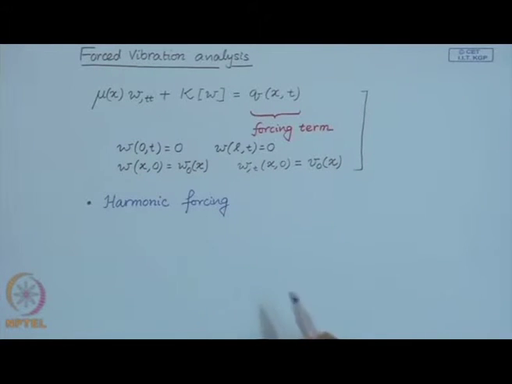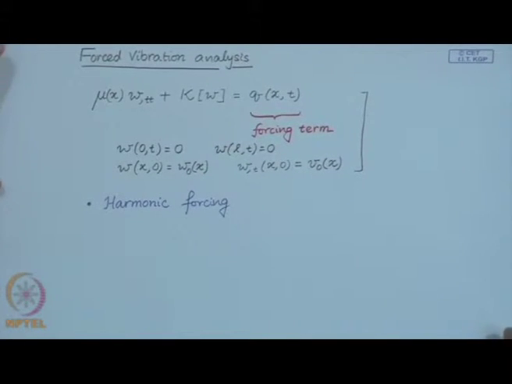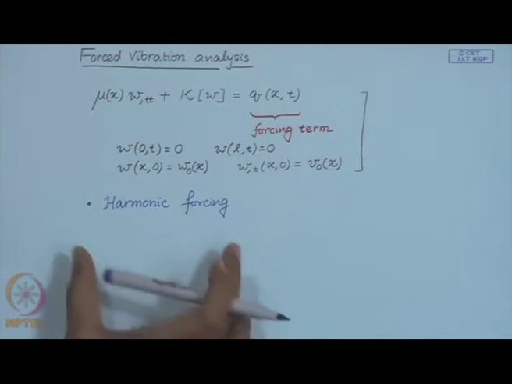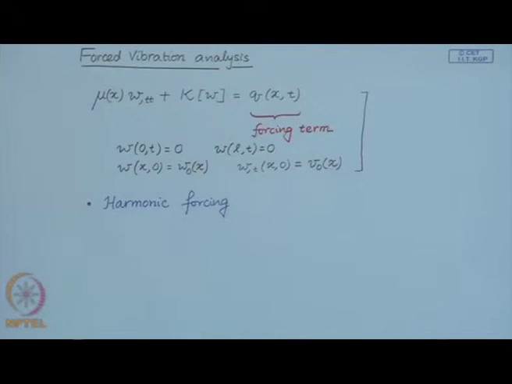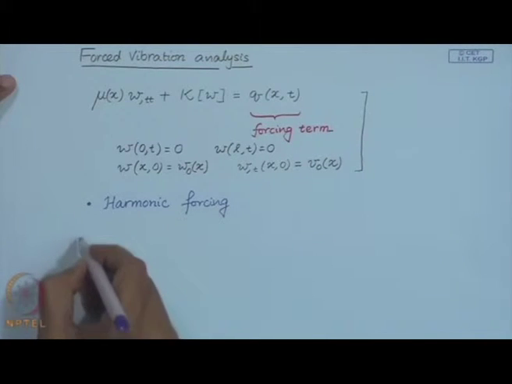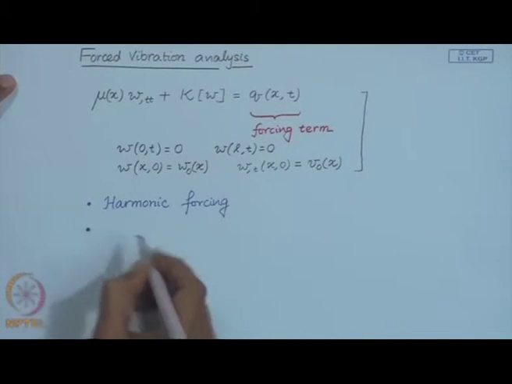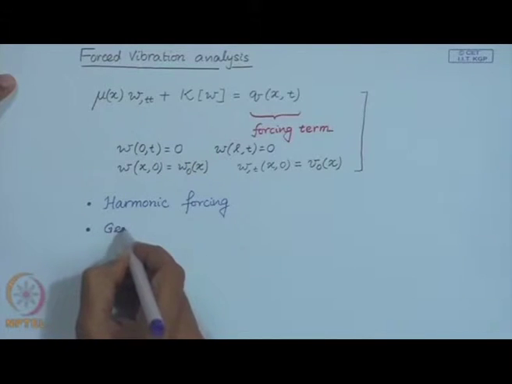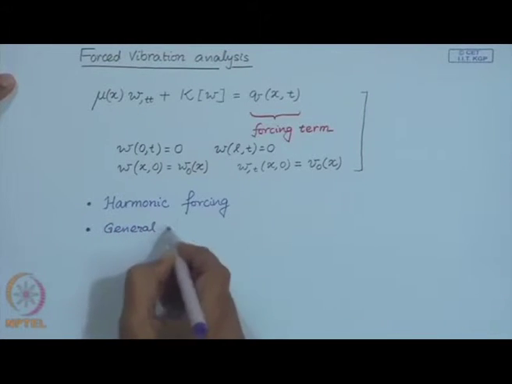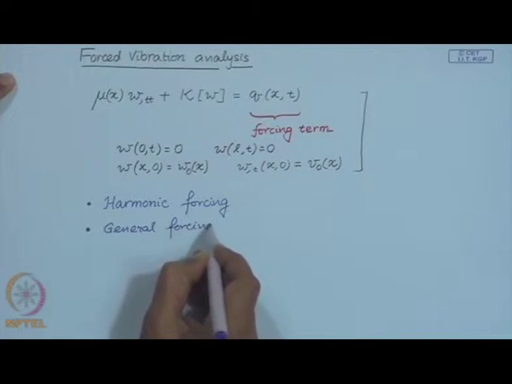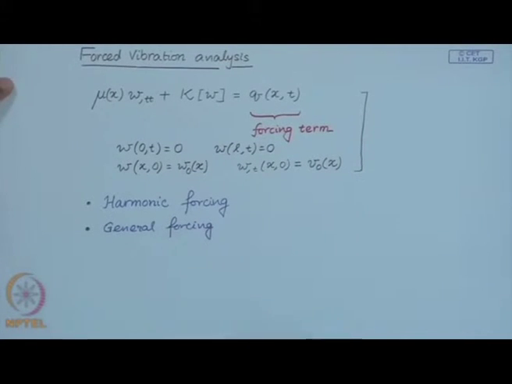We provide harmonic forcing and we try to see the response of the structure, whether it matches with our expected response or not. So, this harmonic forcing is one of the very important types of forcing which we are going to look at. The second is the general forcing.